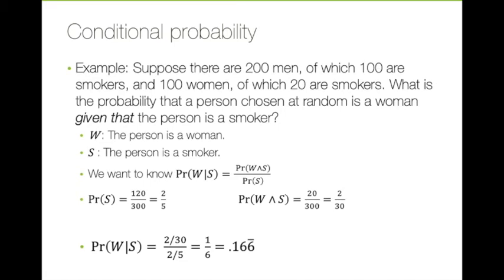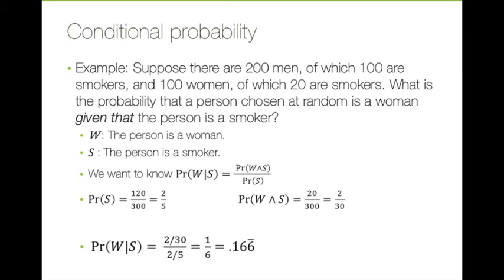So we want to know the probability of W given S, the probability that someone is a woman given that they're a smoker. Substituting into our formula, we get the probability of the conjunction, someone's a woman and a smoker, over the probability that they're a smoker.